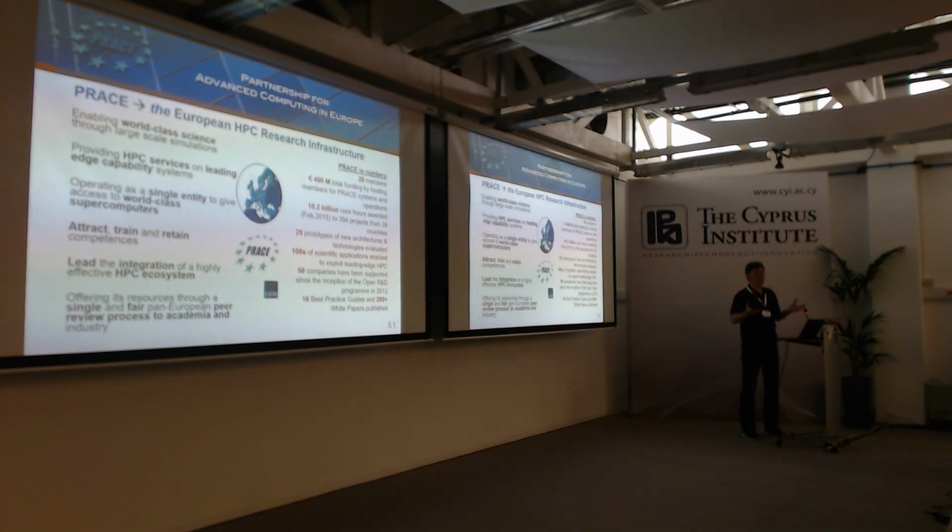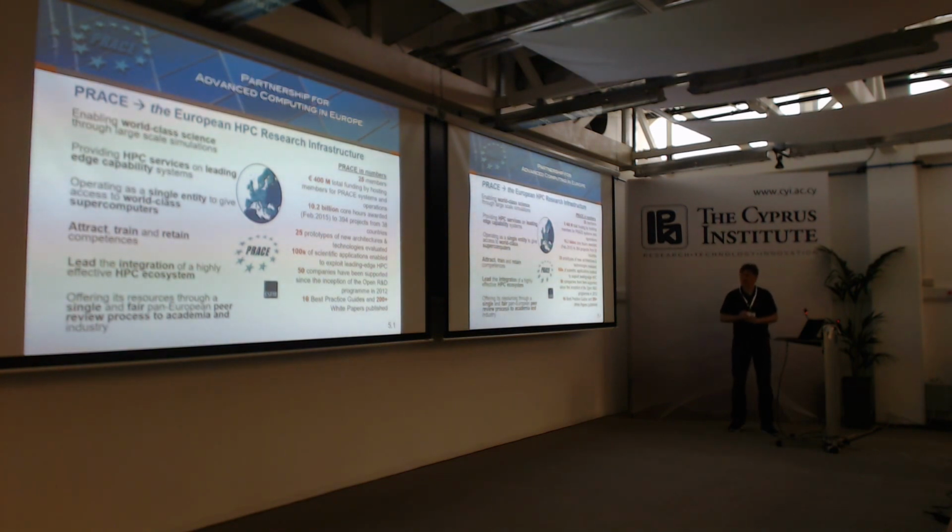So why not get all the money from the European partners together and buy one big supercomputer, maybe more of them, but only some, which are really big and can really compute huge problems.